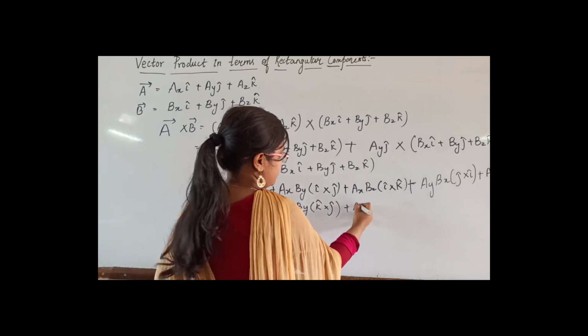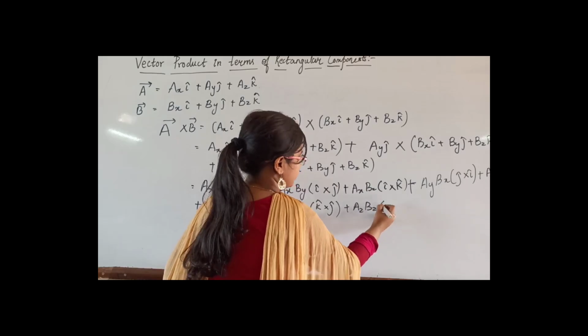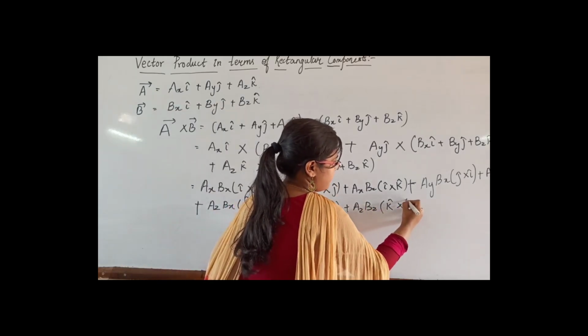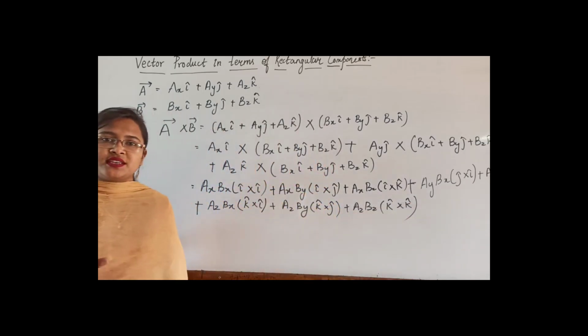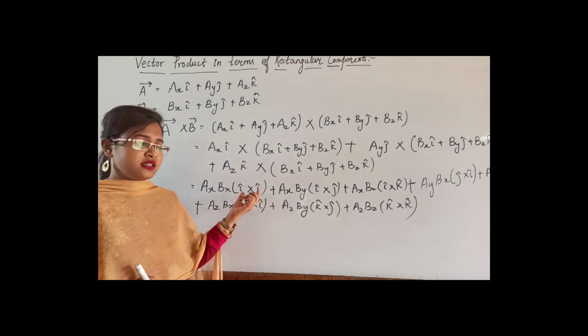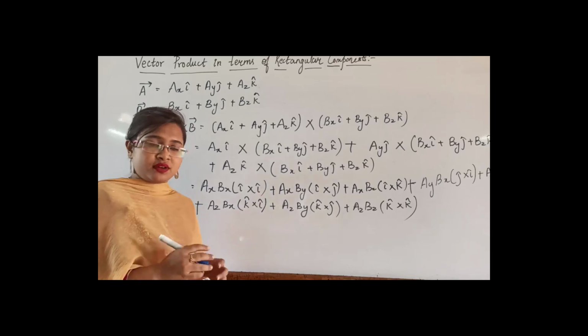Lastly, Az multiplied by Bz, k cap cross k cap. Clear? In this, we can clearly see that these are the magnitude parts and these are the unit vectors which are multiplied with another unit vector. So we will use the property over here.